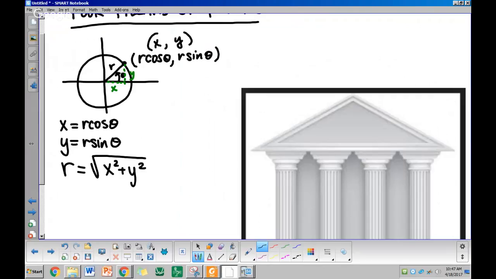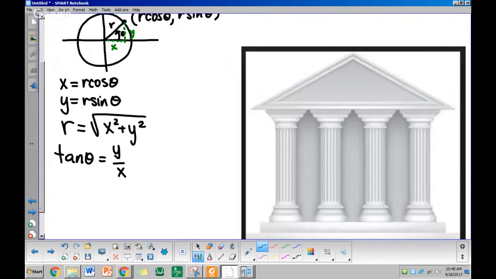And the only thing we have on here that we don't have a representation for in terms of x and y is theta. So the tangent of theta is y over x.